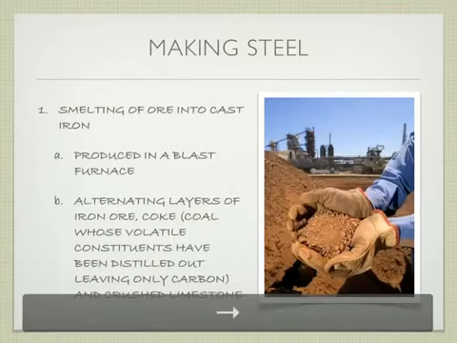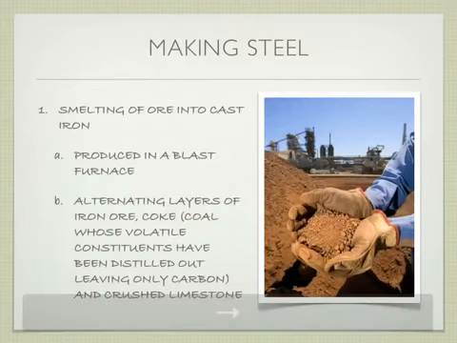So let's talk about how we actually make steel, and we're moving into the modern process. The first step is that we need to smelt the iron ore, the raw iron, into cast iron. This is produced in a blast furnace, and I'm going to show you a picture of that in just a second.